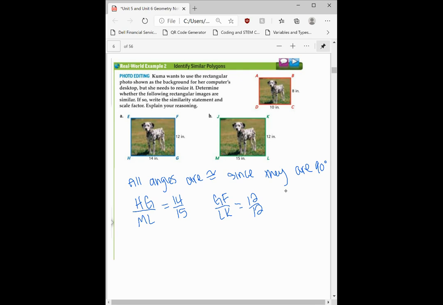Hang on guys, I'm looking at the wrong problem. We're comparing this little guy to part A first and then part B. So this is A. My bad. Let me rewrite that. The first statement is still correct though.